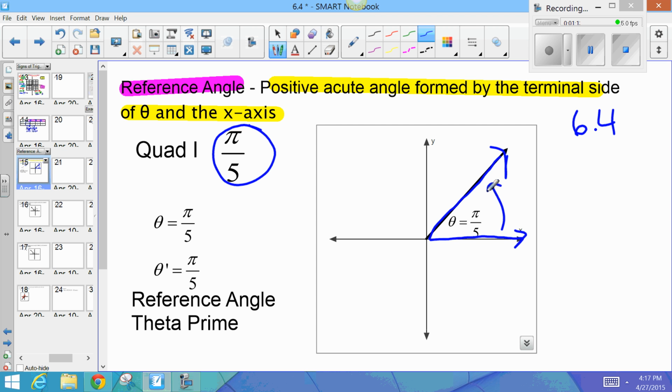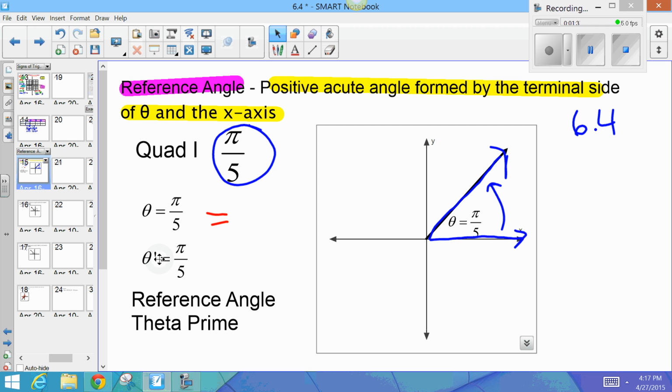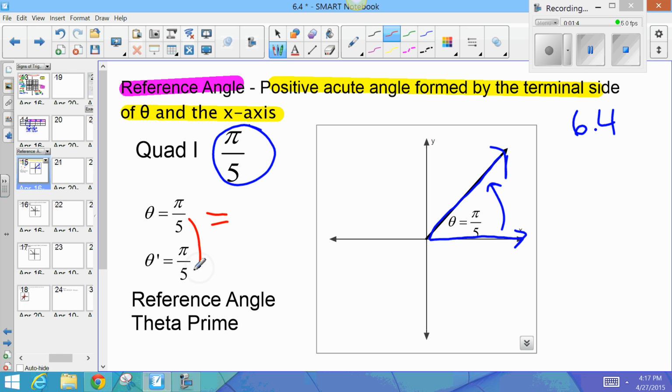So the definition of a reference angle is the positive acute angle formed by the terminal side of theta and the x-axis. In this particular case, we've got an acute angle in quadrant 1. And so the reference angle equals the original angle. These two things are equal. They are the same angle.